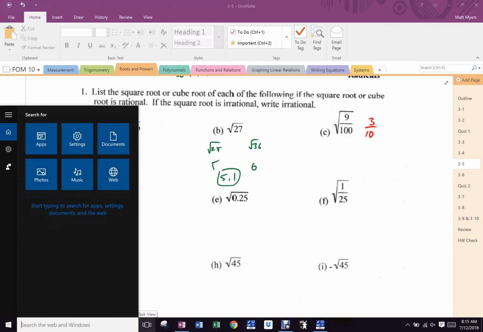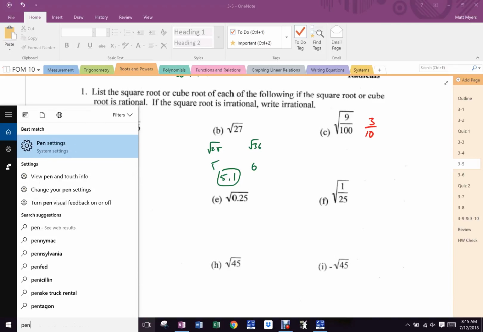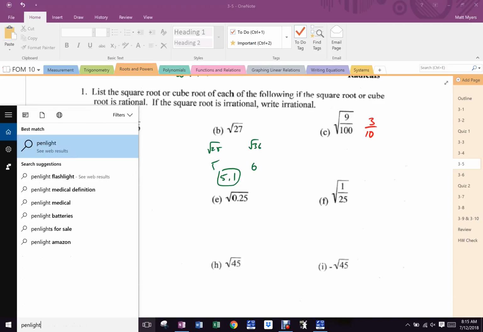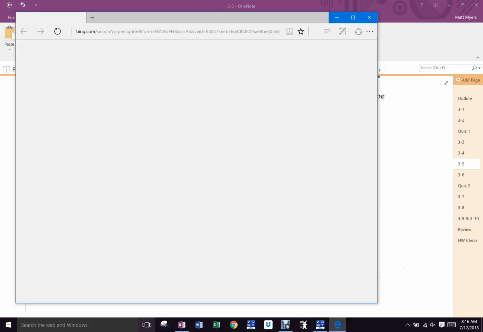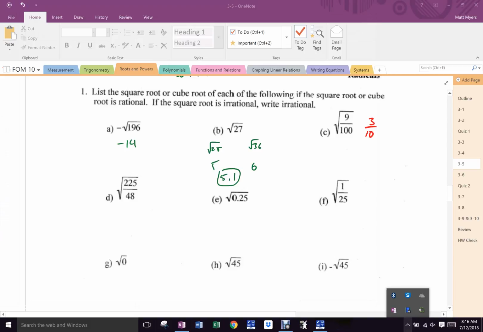D is not a perfect square, so what must you do? You're supposed to estimate. Is the numerator a perfect square? Yes, so can we leave it alone?